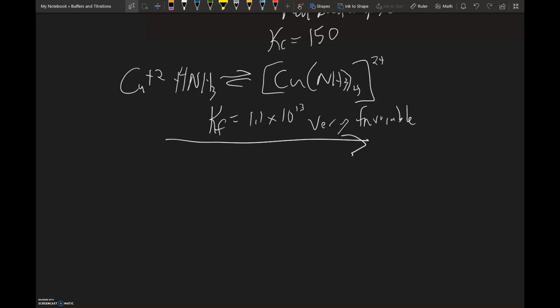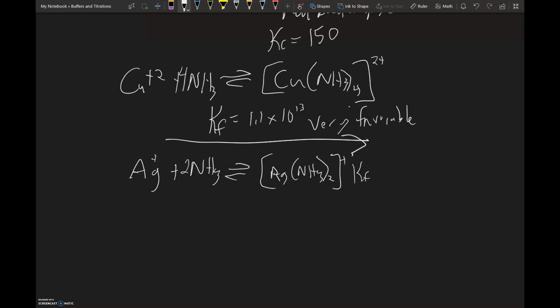The Kc values are directly proportional to Ksp, because Kf is the same for each reaction. If we take another example where you have silver reacting with NH3, this silver ion is going to form an equilibrium to produce this complex here, and this complex has a formation constant of 1.6 times 10 to the 7th power.